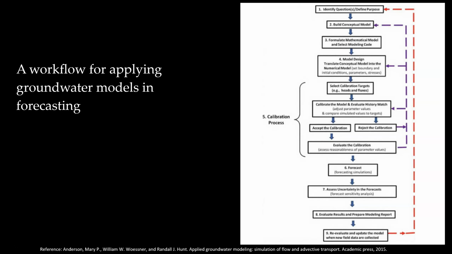If you remember, this was a flowchart of creating a groundwater model. We spent time talking about how we can identify proper questions and define and clarify the purpose of groundwater modeling.